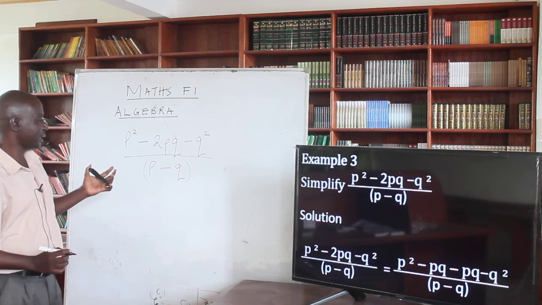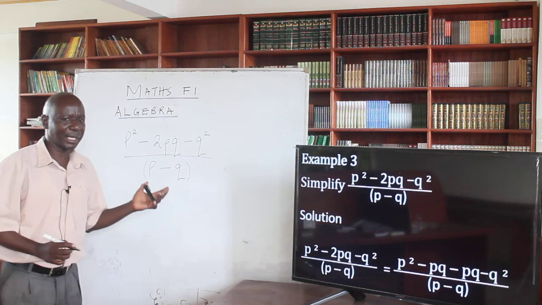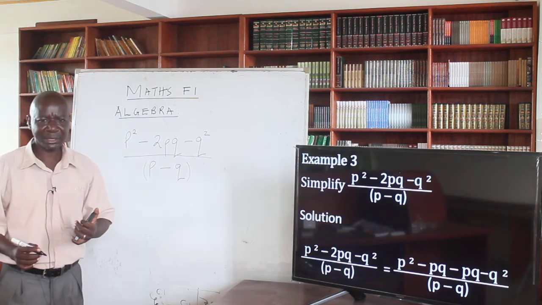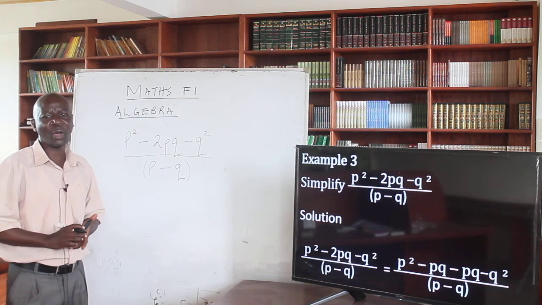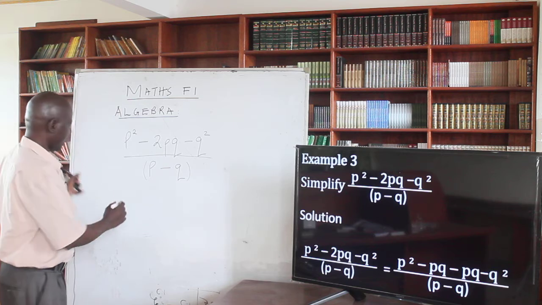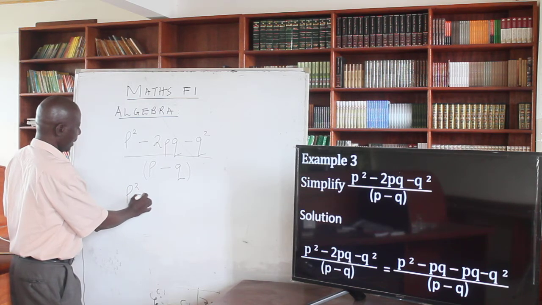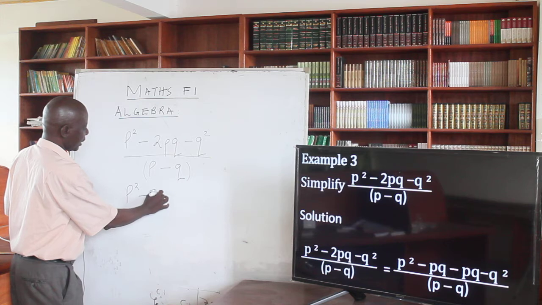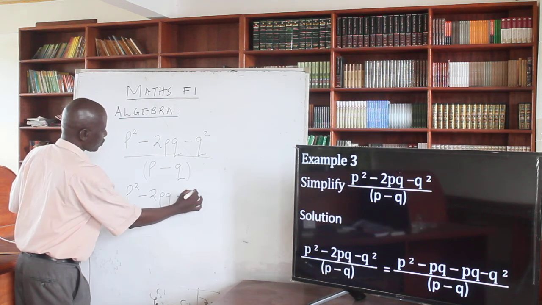Now look at this. The numerator gives us an expression in which the groups may not be seen quite clearly, but still you can get some groups from there. Now look at this. P squared minus 2PQ minus Q squared.